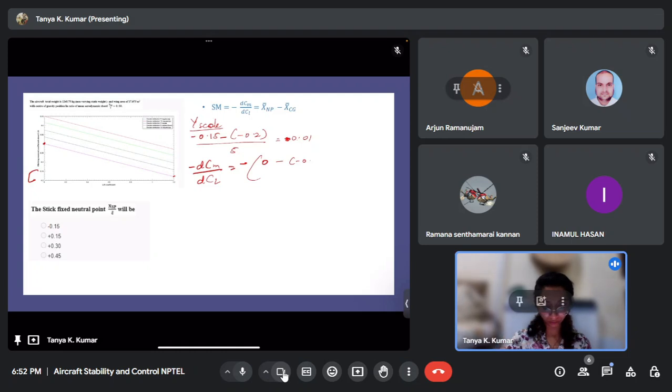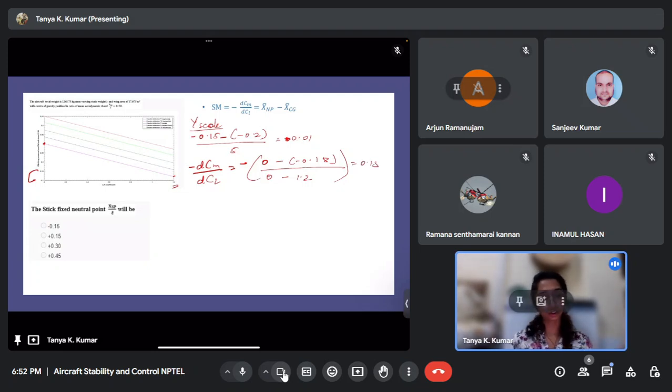There are 2 divisions and it starts from minus 0.2, so you get minus 0.18, divided by Cl2 minus Cl1. Cl2 is again 0 minus of 1.2. This is straightforward, it's just 1.2. So when you do this, you get negative of the slope 0.15.